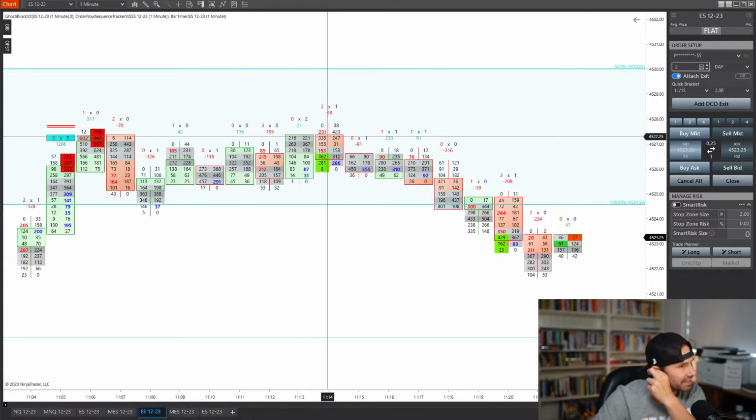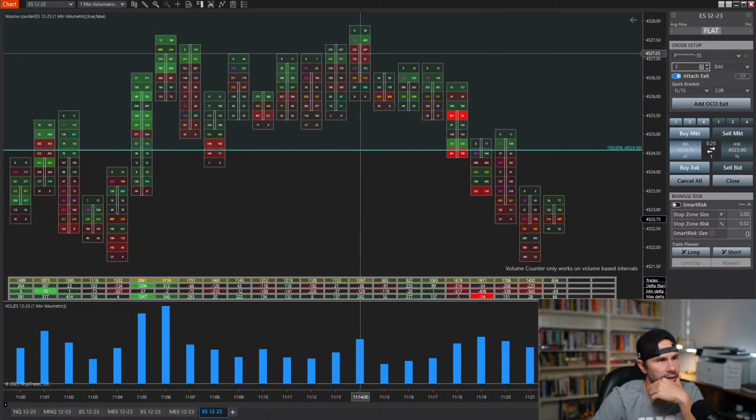Now, what happened in this candle when I was not in the trade? Is this one right? So you can see some of these ones like 242 minus 38.